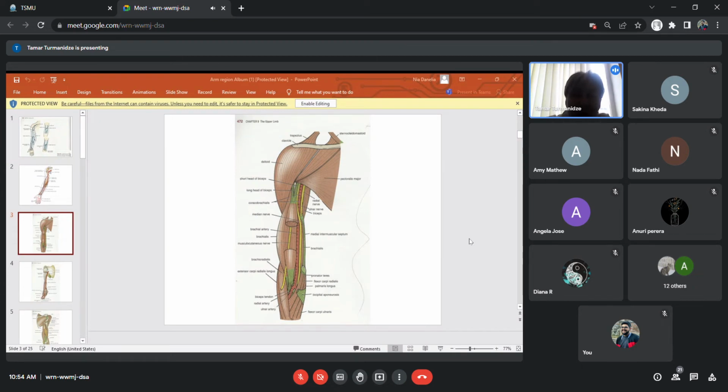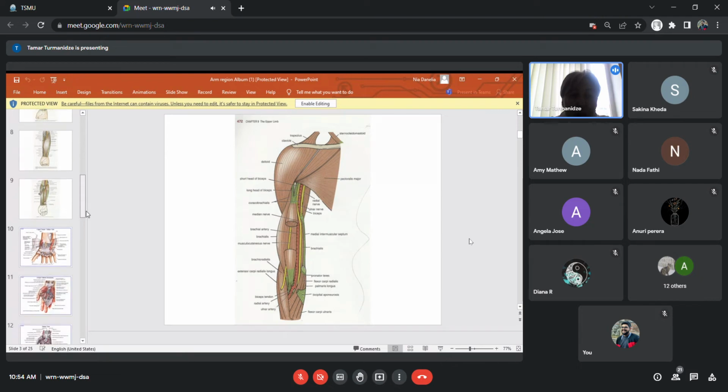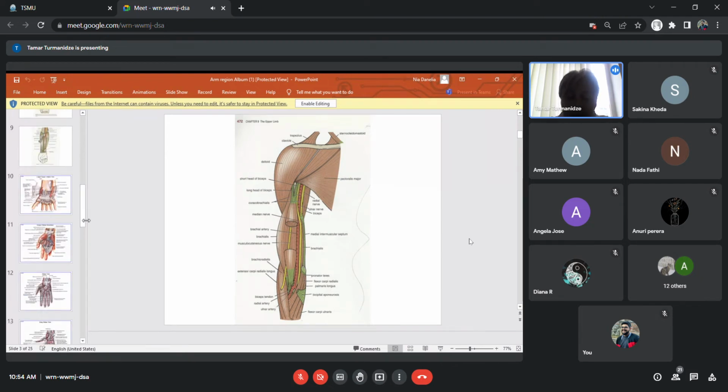Superficial layers of the arm region are skin, subcutaneous fat tissue, superficial fascia. Below the superficial fascia is located deep fascia.